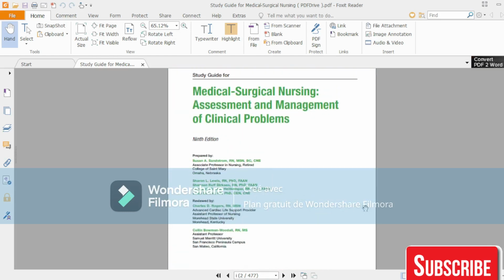As you can see, this is the first page mentioning the preparation by Susan A. Sandstone, an associate professor in nursing, retired, in College of St. Mary, Omaha, Nebraska. Also Sharon L. Lewis, PhD, FAAN, Shannon Ruff Dirksen, also Margaret McLean Heitkemper, Linda Bucher, etc.